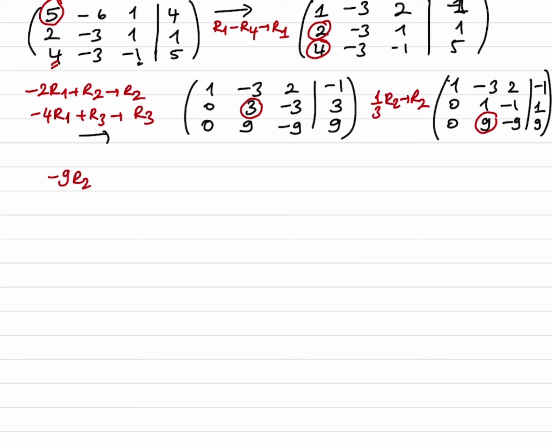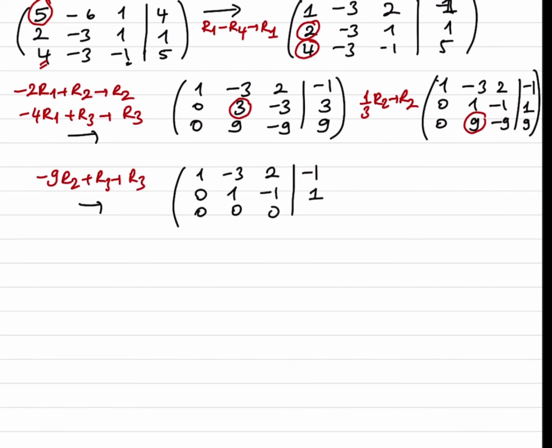Minus 9 R2 plus R3 goes to R3, row 3. Okay, 1, minus 3, 2, minus 1, 0, 1, minus 1, 1, okay, we have 0, and we have 0 here. What about this one? 9 minus 9, again we have 0 here.